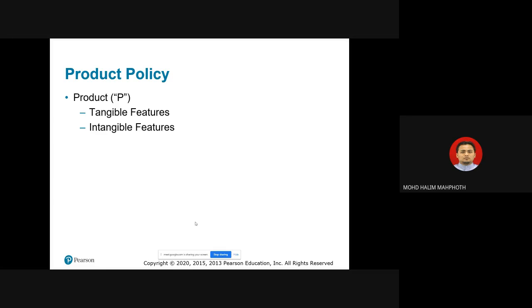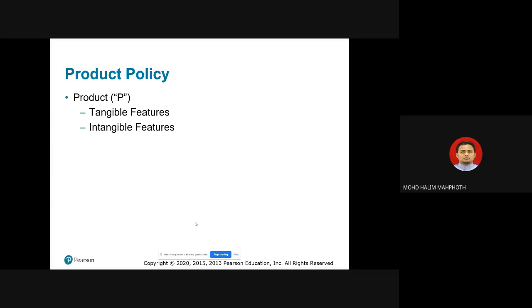We can see how a certain company, like Jintel, wants to export to maybe the Middle East. How is their product? You can see the tangible features, the seat, the leather.